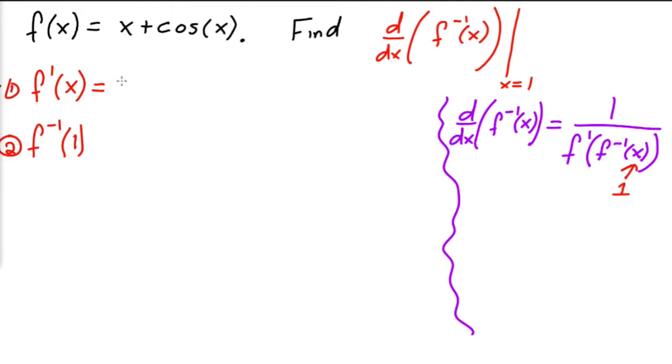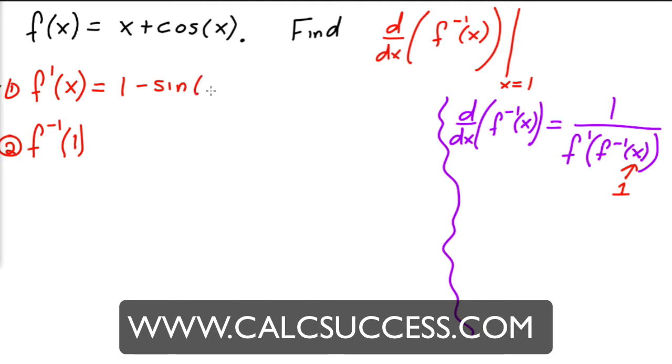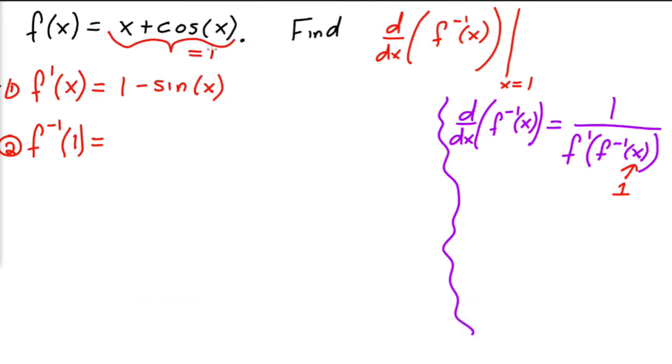So f prime of x is going to be 1 minus sine of x. And f inverse of 1, so remember what this means is that this is saying when this whole function is equal to 1, what is the x value that gives you that y value of 1.